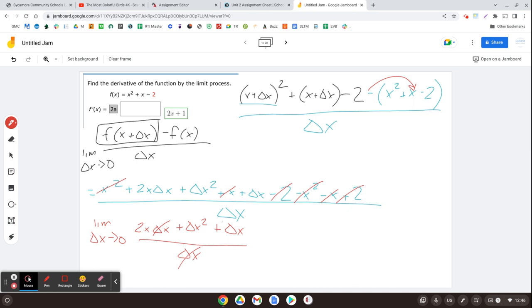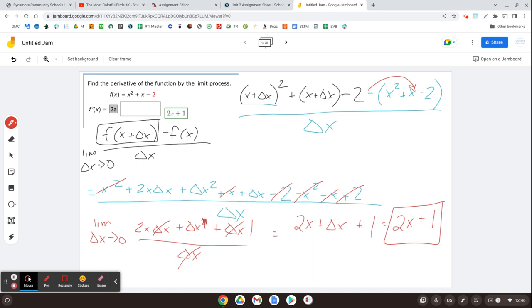This delta x squared is just going to become a delta x. Now here's another popular mistake. What's delta x divided by delta x? 1. It's 1. So I don't want to eliminate that. I want to make it a 1. So now we're looking for the limit as delta x approaches 0 of 2x plus delta x plus 1. Now we can put in 0 for delta x, and what do you get? 2x plus 1. That's right.